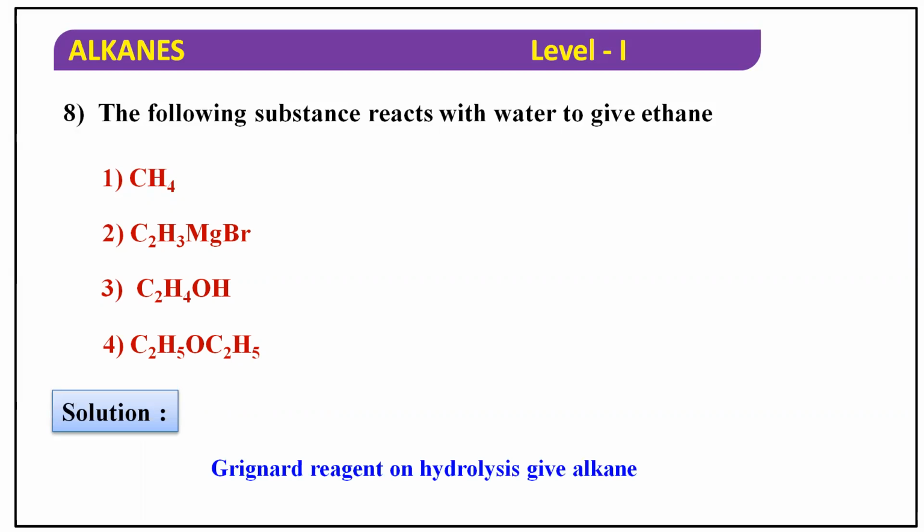Grignard reagents can very easily be converted to alkanes. So which one will be the answer? C2H3 MgBr, it should be C2H5 MgBr. Okay, just rectify it. C2H5 MgBr it should be. So C2H5 MgBr will give us ethane.